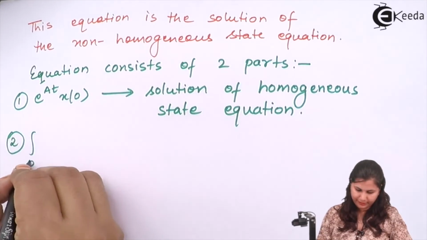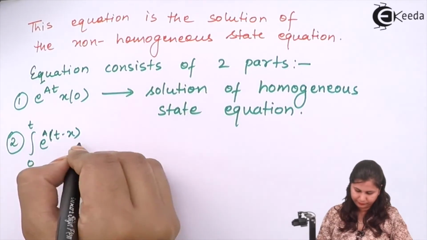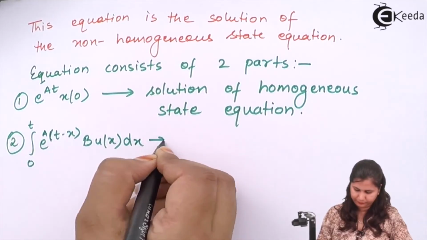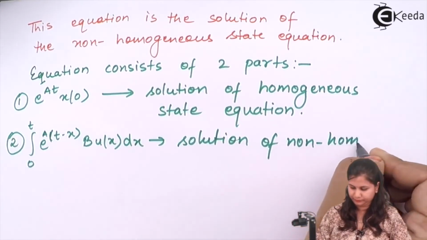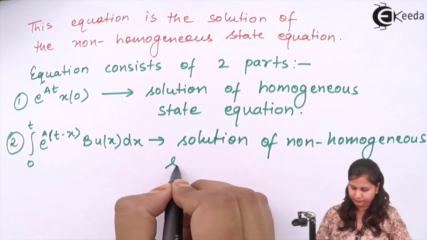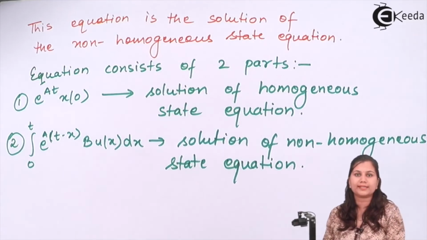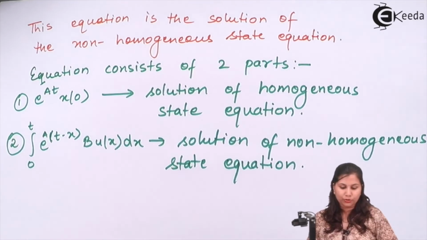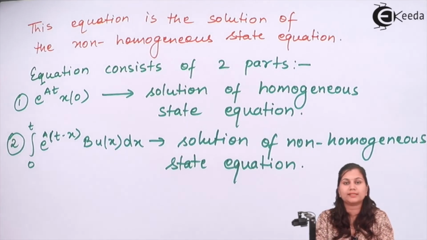And the second part is the integral from 0 to t, and this is the solution of the non-homogeneous state equation.